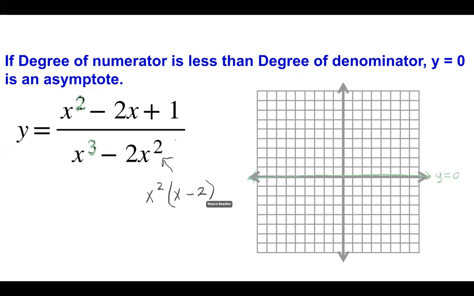So x cannot be 0 and x cannot be 2. These are where it cannot be, so these happen to be our asymptotes. At 2, you have a vertical asymptote, and you have a vertical asymptote here at x equals 0.